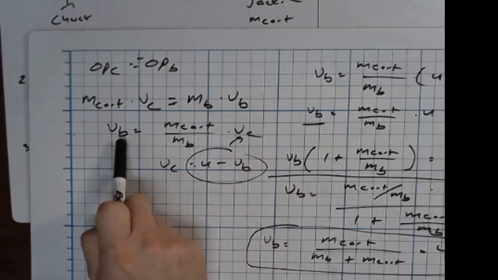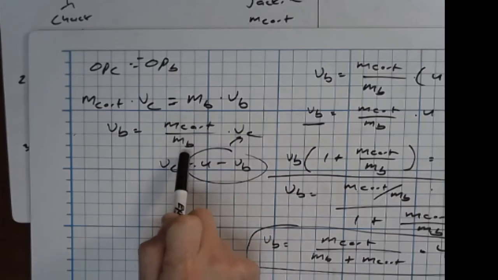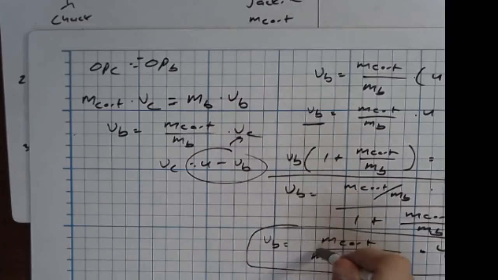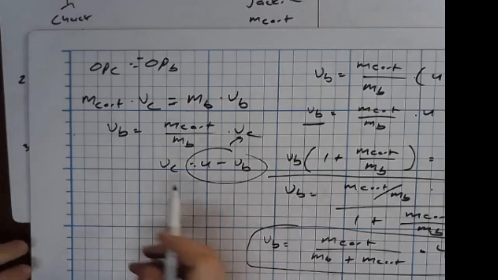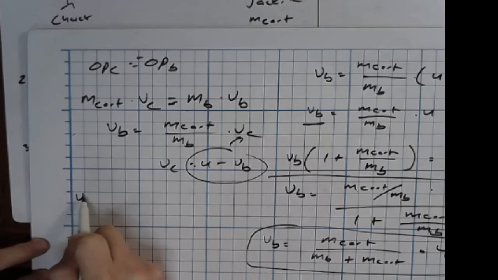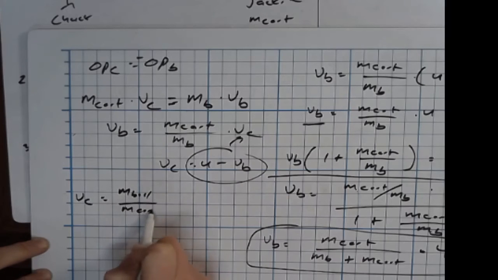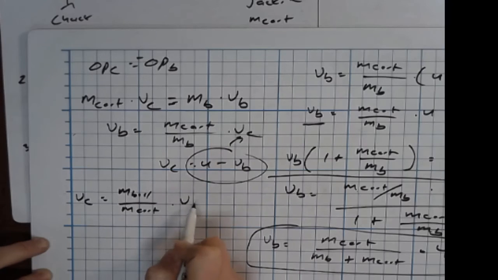The velocity of the ball is equal to the mass of the cart over the mass of the ball times the velocity of Chuck. So basically, I want to combine these two equations to get an expression for the velocity of Chuck using u instead of v sub b. So velocity of Chuck equals m ball over m cart times v b.